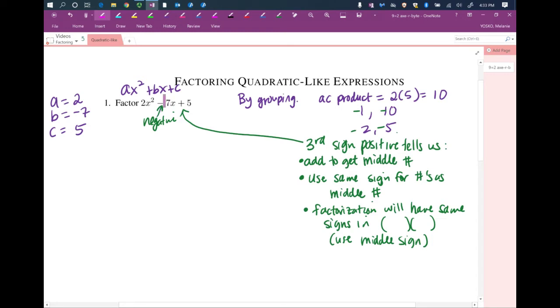So that doesn't give us -7 like we're looking for. -2 plus -5, that does give us -7. So this is the pair we're going to use. We are going to rewrite this middle term in terms of those values with an x. So we're going to have 2x squared minus 2x minus 5x plus 5.